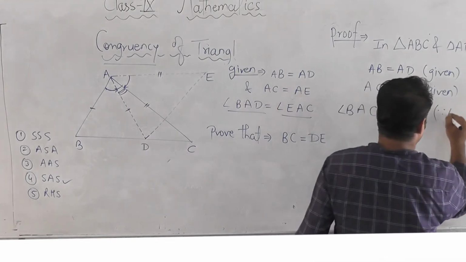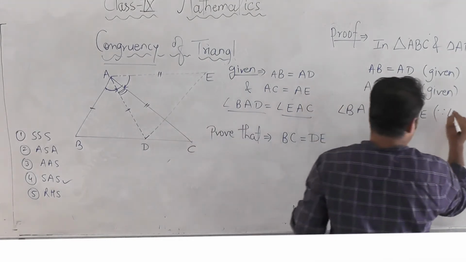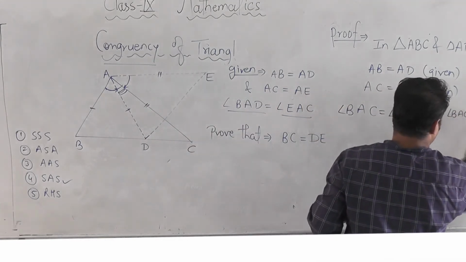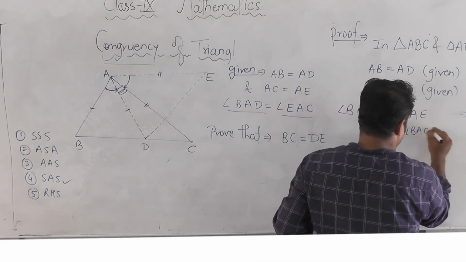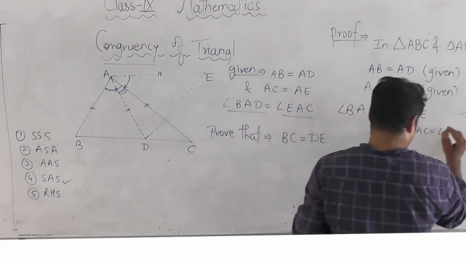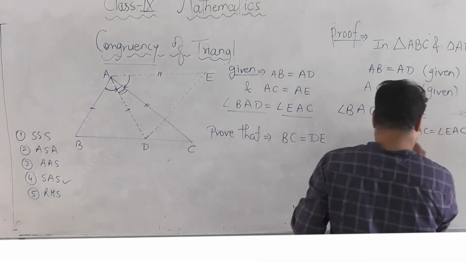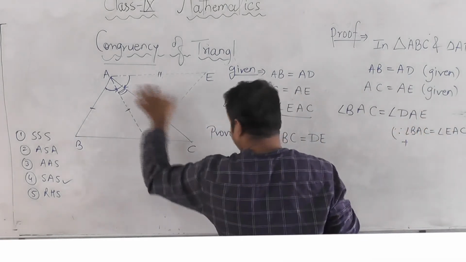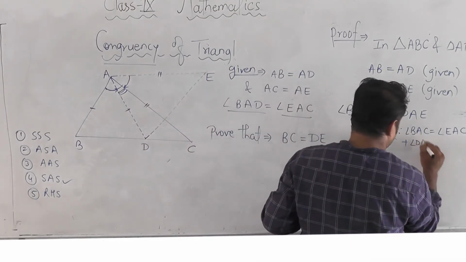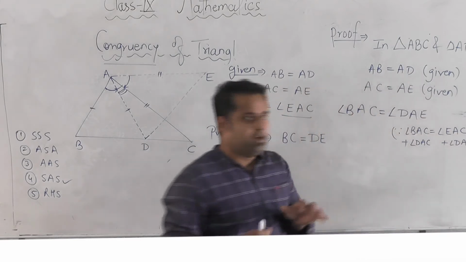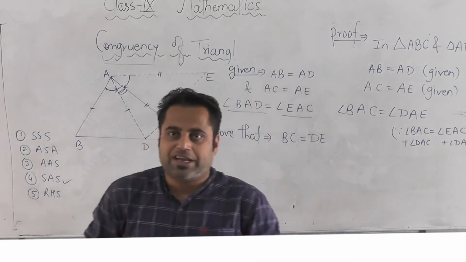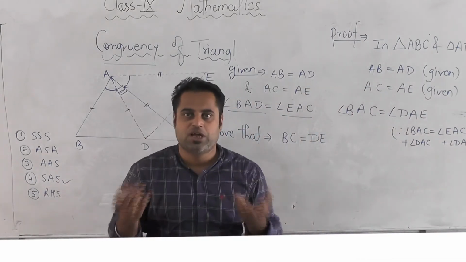Why is it? Because the angle BAD is already given equal to angle EAC, and if I add this DAC angle in both, DAC here also and DAC here also, you have learned this before. Whenever equals are added to equals, the wholes are equal.